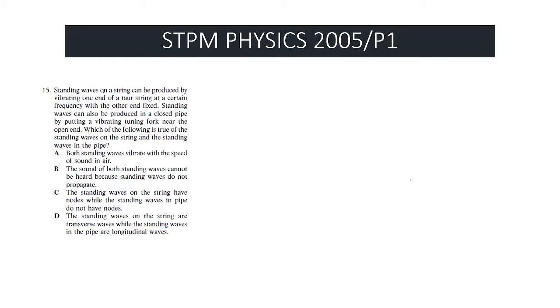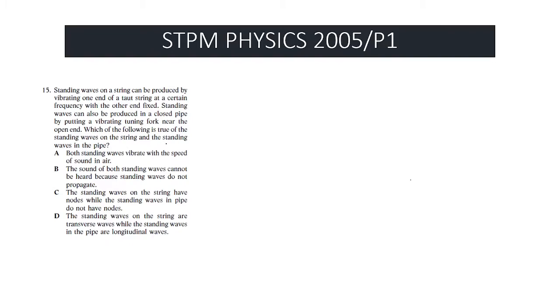The standing wave on the spring can be produced by vibrating one end of the string at a certain frequency with the other end fixed. So the standing wave can also be produced in a closed pipe by putting a vibrating tuning fork near the open end. Which of the following is true of the standing wave on the spring and the standing wave in the pipe?